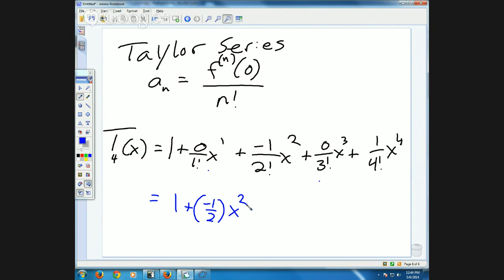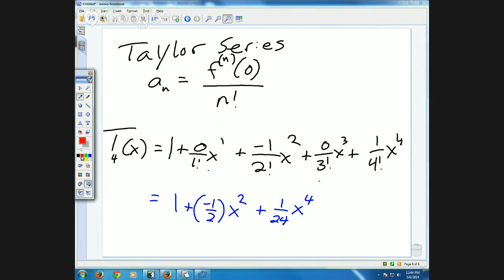So be super careful. If terms zero out, make sure you keep track of the right powers. Plus there's no third term, but there is a fourth term, 1 over 4 factorial, which is 1/24, times x to the fourth.